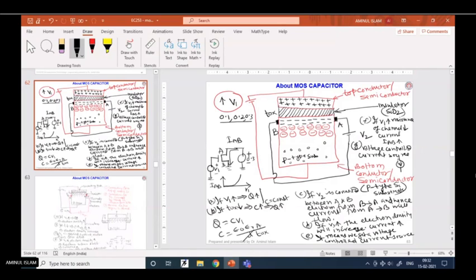So once you have the voltage controlled current source, a small amount of voltage picked up by the microphone will be controlling the output current.